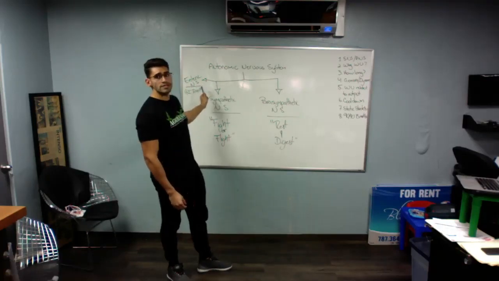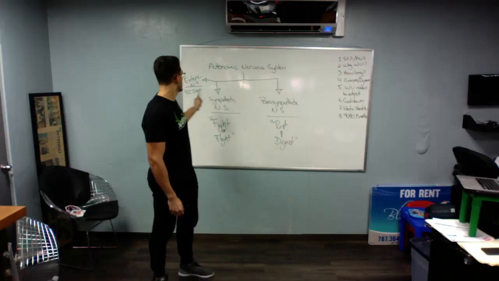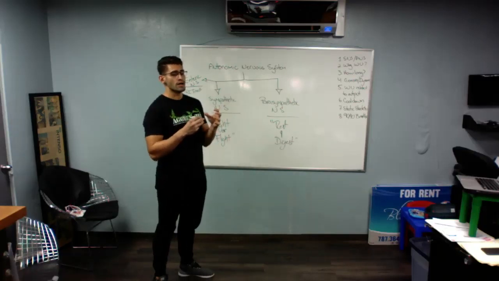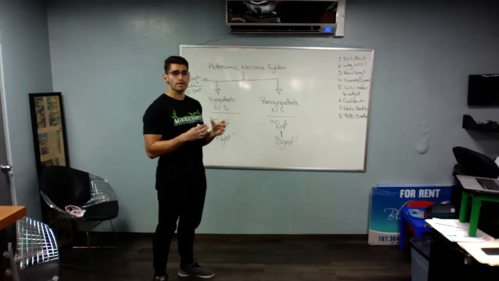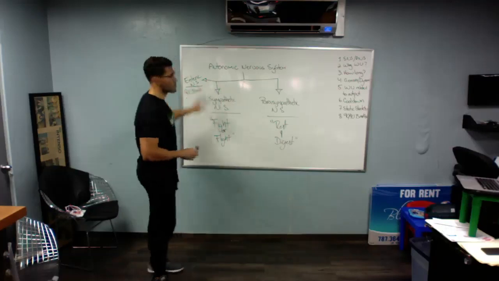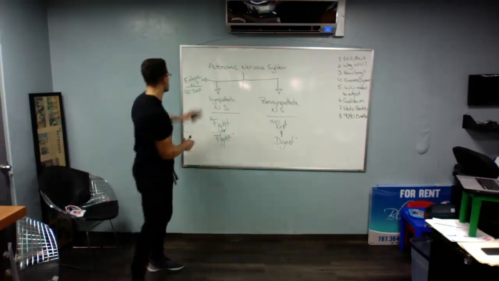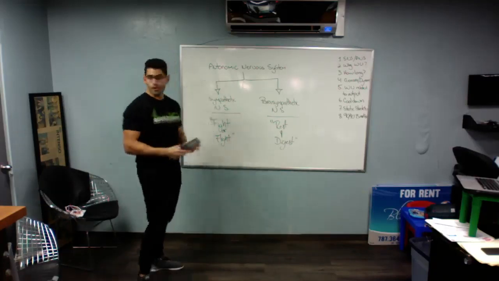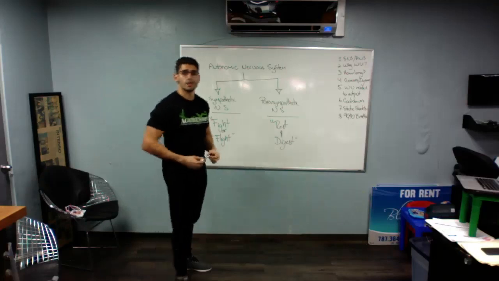The enteric nervous system is more involved in the gastrointestinal tract, so we're not going to talk about that much. I just wanted to mention that there is a third, but we're not really gonna be talking about it.